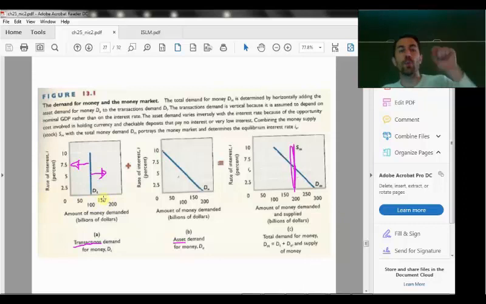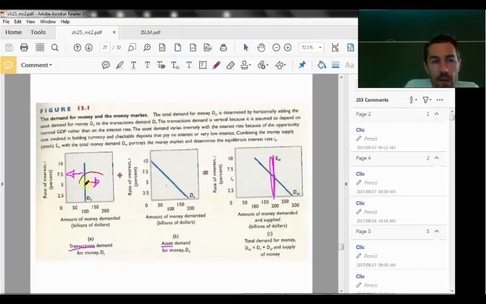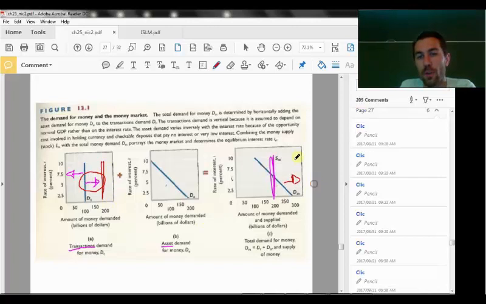So when output increases, my transactions demand shifts to the right. When my transactions demand shifts to the right, what does my money demand curve do? Shifts to the right. Okay? Remember this?